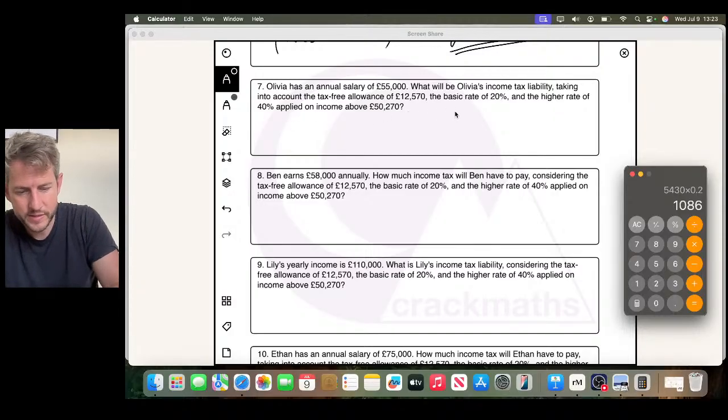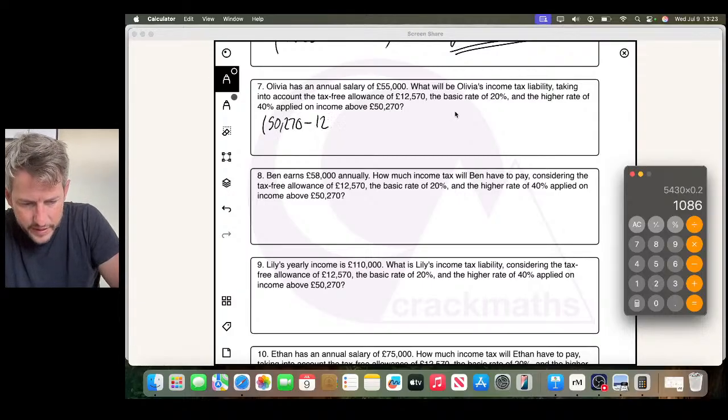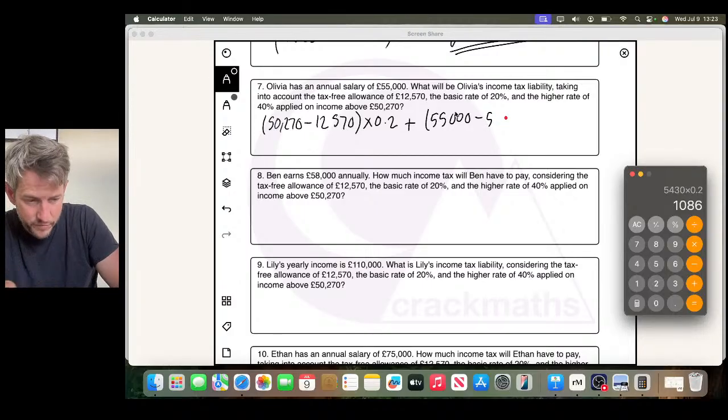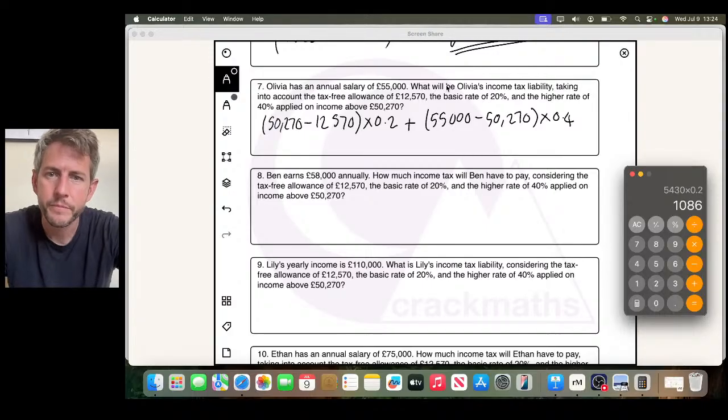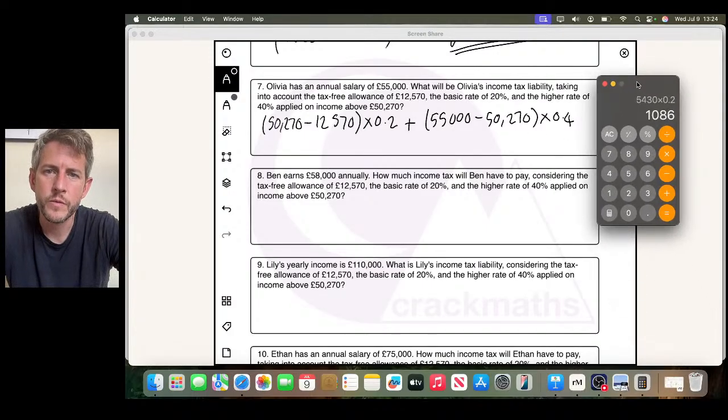Okay, so let's do this. So we are going to have the upper band of the lower rate, which is the 50,270, take away this bit here, times 0.2, and then plus the extra bit that she earns, take away the amount that she doesn't have to pay that on, and then times that by 0.4, because that's 40%. So let's do these in stages.